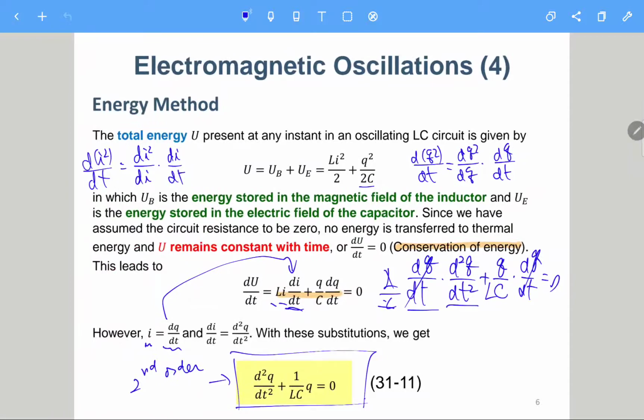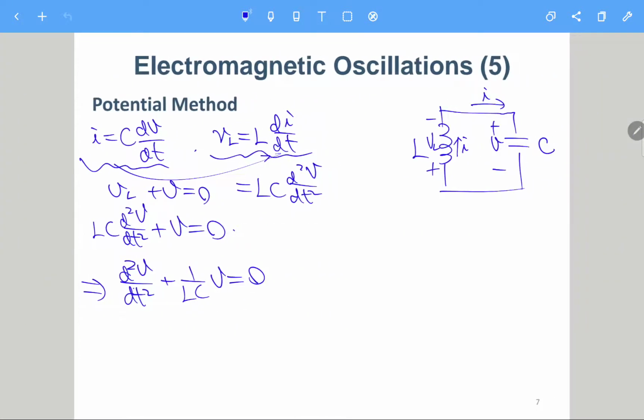Yeah, you may ask, we have a d2Q dt2 plus 1 over LC Q. So we have V for this one, we have Q for this one, but actually they will be the same.